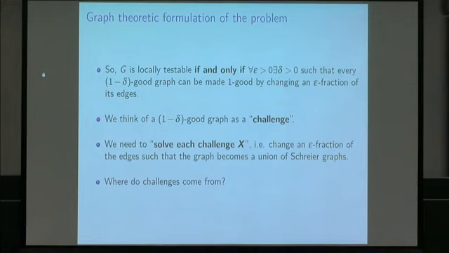So the first thing that we need to understand is where do challenges come from? Or at least to have some examples of generating challenges for a given group G. Then we can try to solve some specific examples, and then try to generalize to the general case of how to solve all challenges.